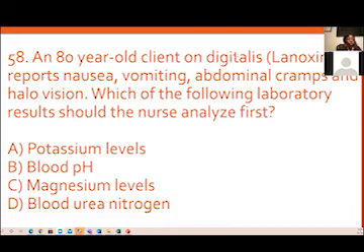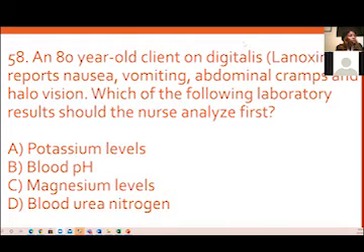Okay, so digitalis toxicity is related to potassium level, or low potassium level. Anyone know what the potassium level is? What's the level for potassium? 135 to 145.